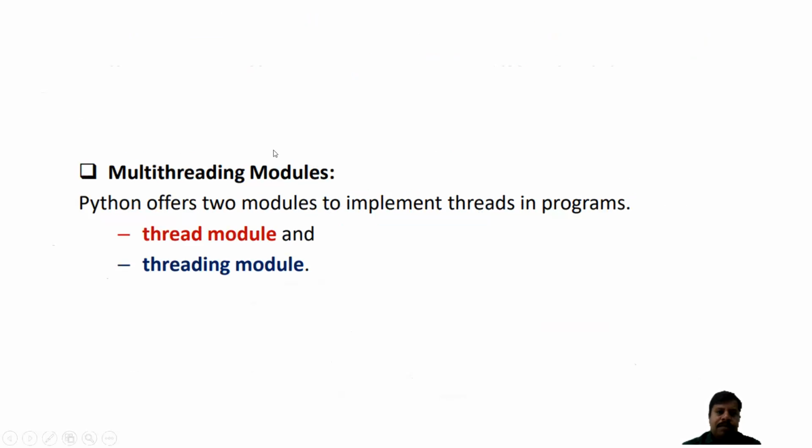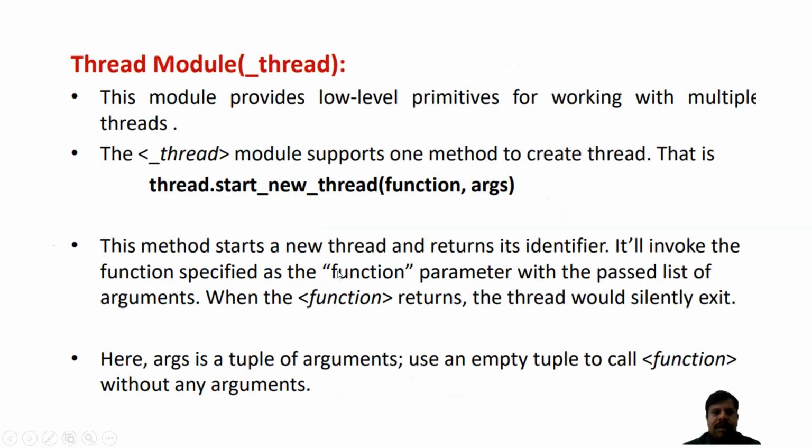Multi-threading modules. Python offers two modules to implement threads in a program. One is the thread module and another one is the threading module. The thread module provides low-level primitives for working with multiple threads. The thread module supports one method to create a thread, that is thread.start_new_thread.